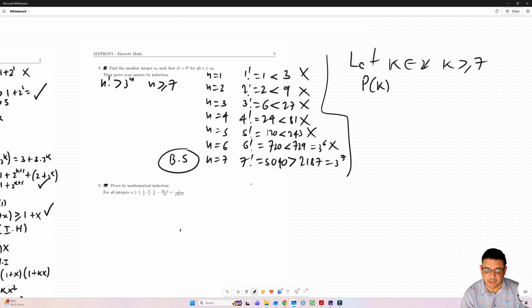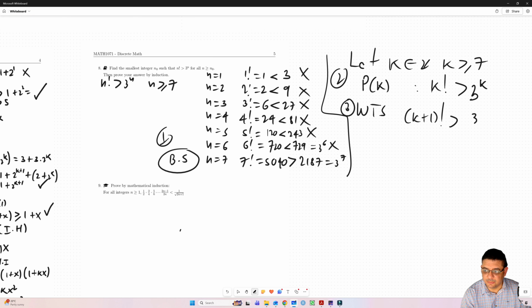So the P of k is that k factorial is bigger than 3 to the k. And we want to show, this is step number 3, that k plus 1 factorial is bigger than 3 to the k plus 1. So let's prove it. Step number 4.